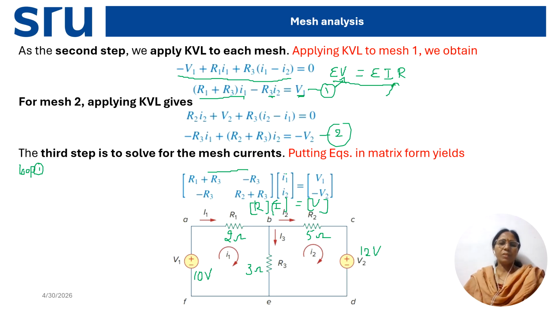Solving this matrix, you will get I1 and I2 values directly. If you have a calculator, you can do this matrix division. Keep the calculator in equation mode and solve the two unknown parameters I1 and I2, and you will get the answer directly.